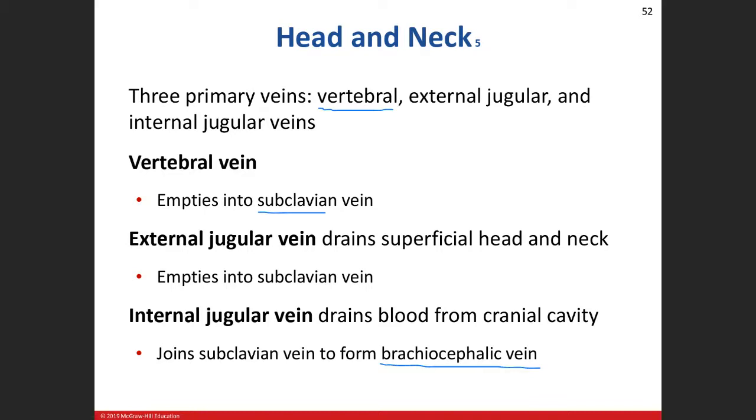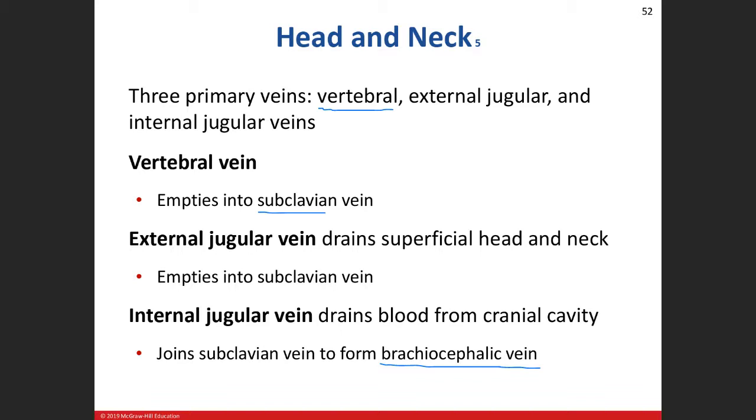Now, not to be confused, this is where some people get confused. The internal and external carotid arteries are branches, they come off where the common carotid artery bifurcates. The internal and external jugular veins don't come off of a common jugular vein, okay?